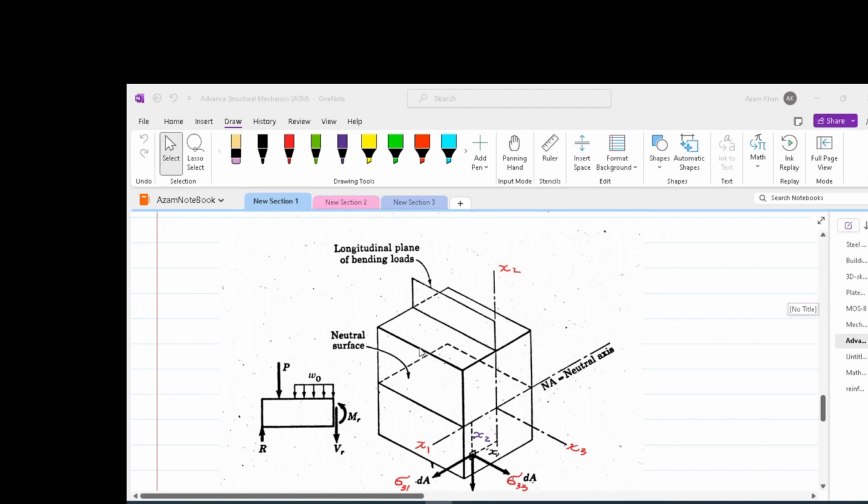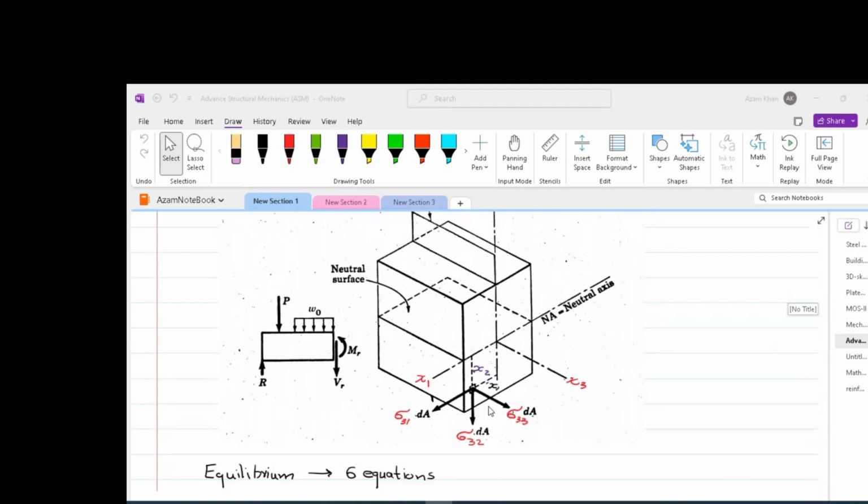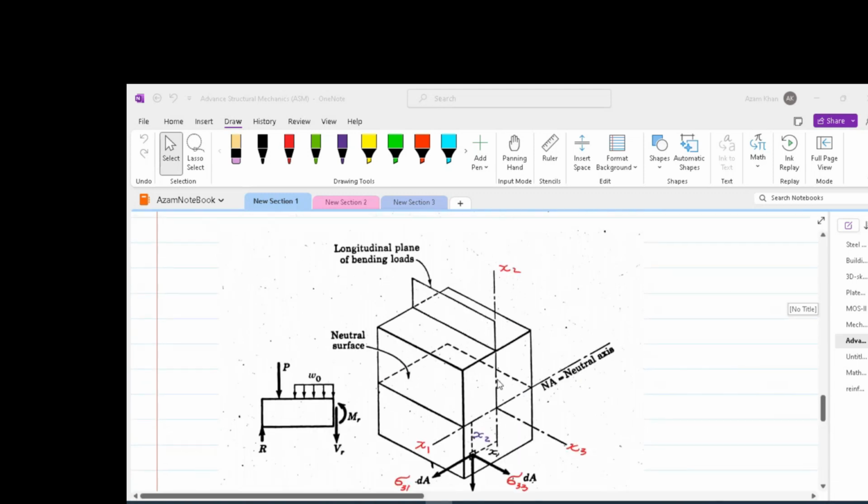Since we are dealing with a mechanics problem, we have to work out the internal effects. As we discussed previously, the internal effects are either forces or moments. In this cube, we will have forces on the surface of the cube. Distinctively, we have three different types of forces. One is the force parallel to the x3 axis, and two are forces lying in the x1, x2 plane.